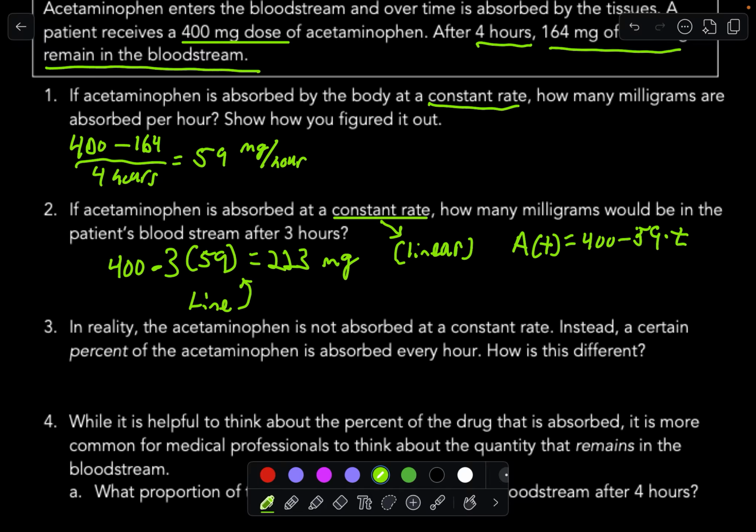And that's just an equation of a line where the slope is 59 and the y-intercept at t equals 0 is 400. So that's an equation of a line.